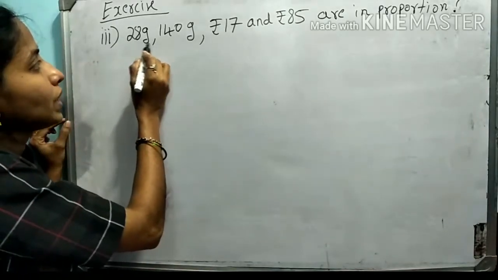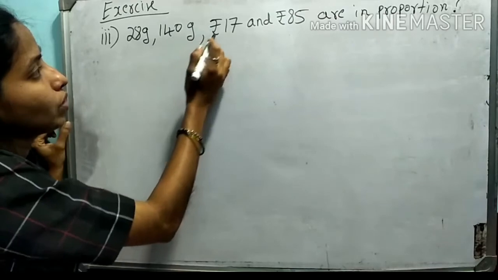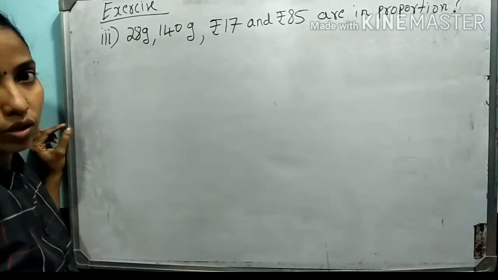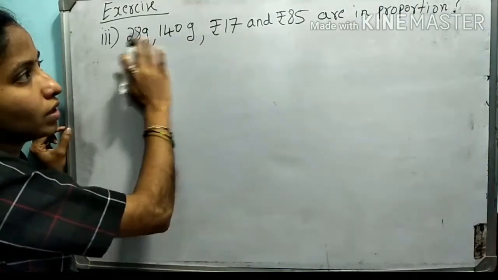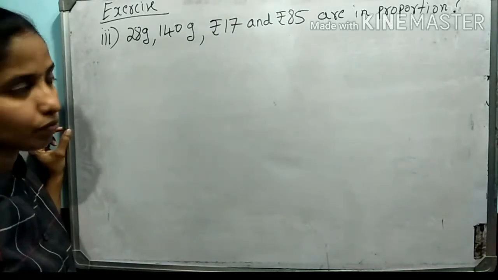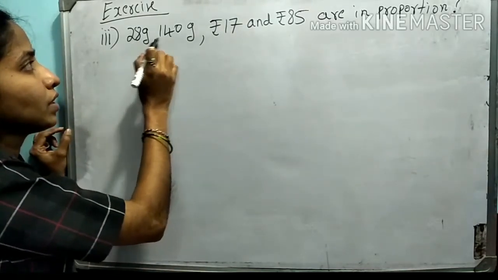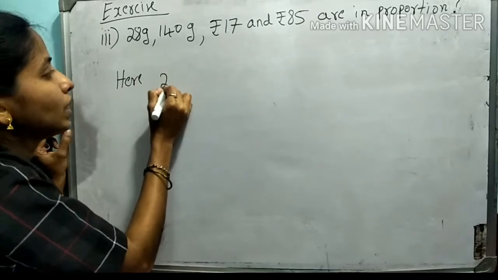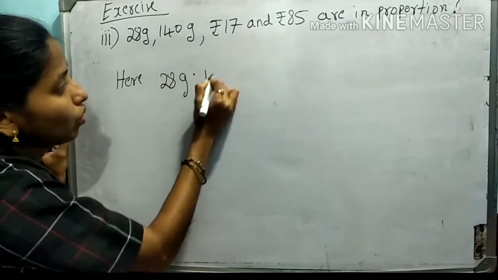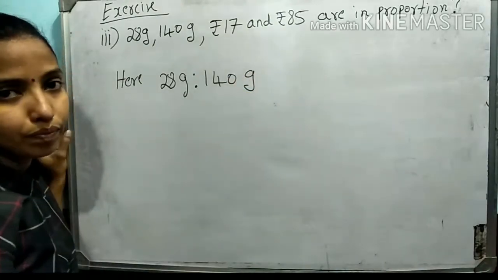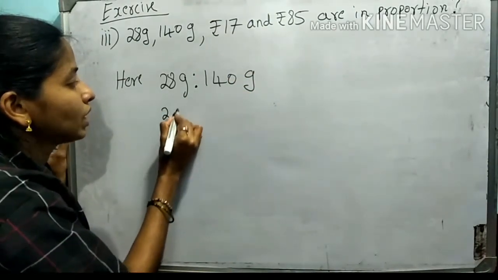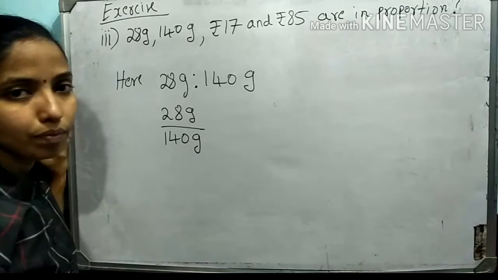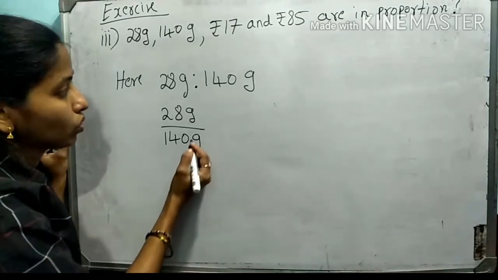Third one: 28 gram, 140 gram, rupees 17 and rupees 85. We have to find out whether these are in proportion or not. First take 28 gram and 140 gram. We can write this as 28 gram divided by 140 gram.